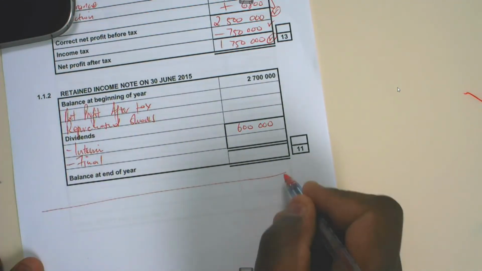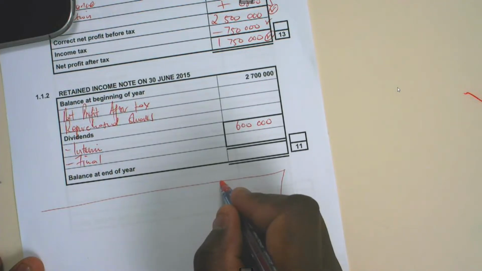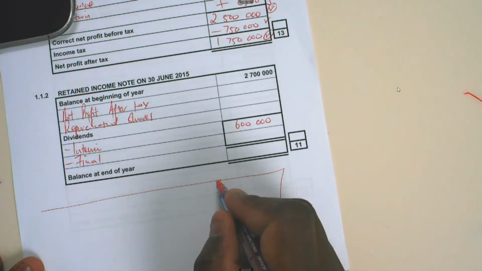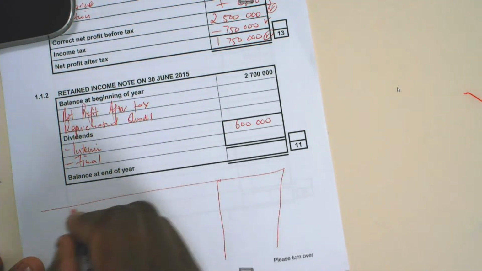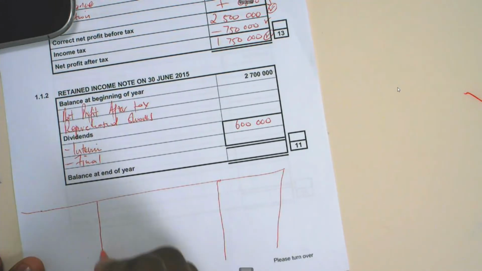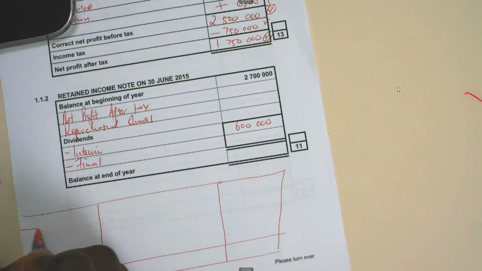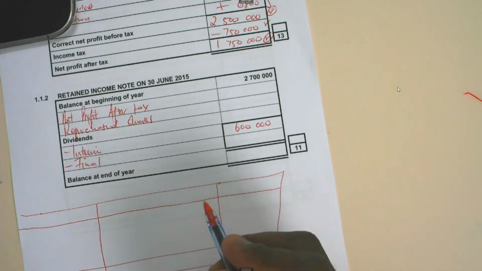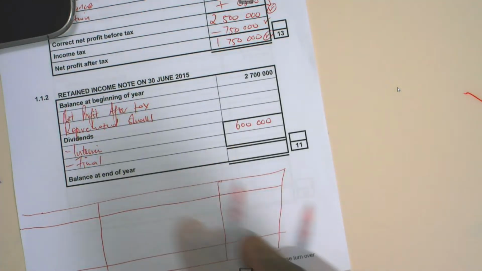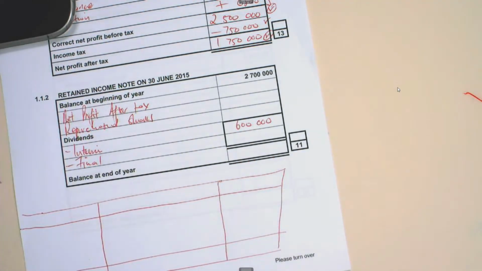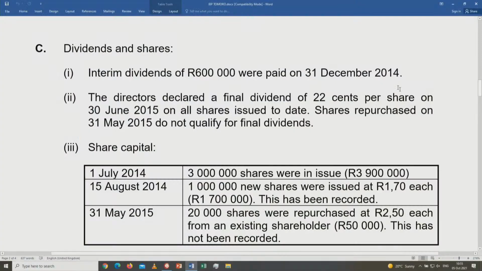You can draw it here, because here we are only interested in the shares at the end of the year. That would also assist us with regards to repurchase of shares. But for now, let's do the note number 7, ordinary share capital.